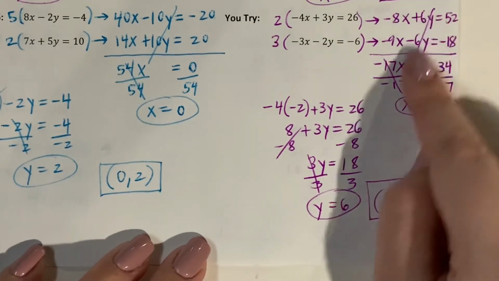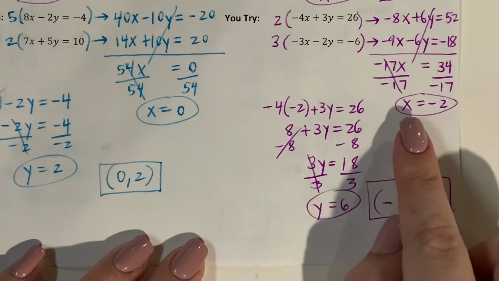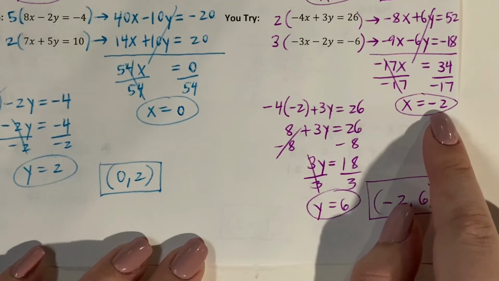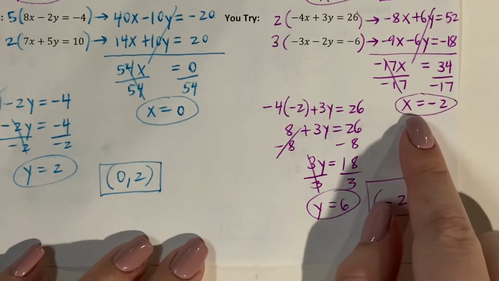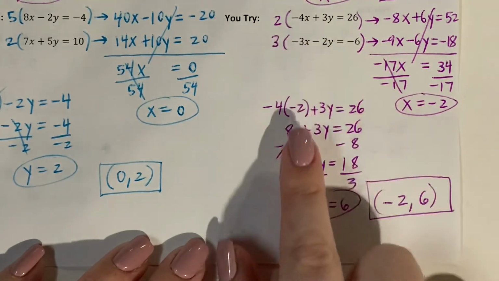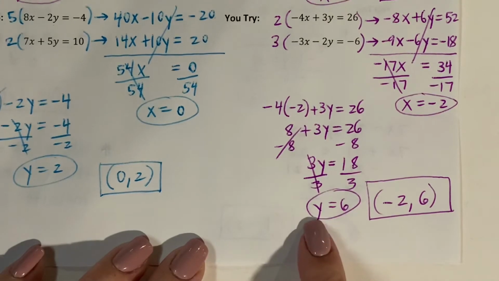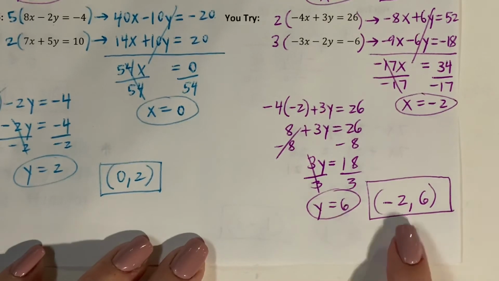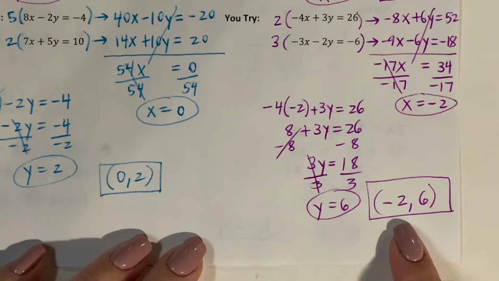And then your y's would drop out of the problem and you would get x equals negative 2. You would then plug x equals negative 2 back into one of your original equations for x. I plugged it into the top equation and I got that y equals 6. So my solution was negative 2, 6.